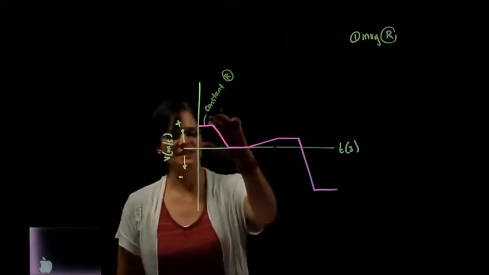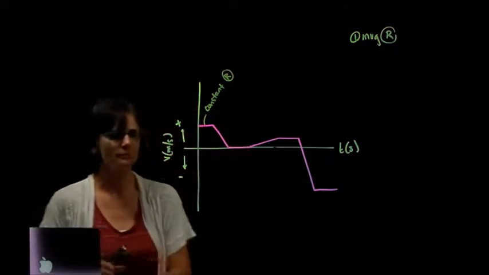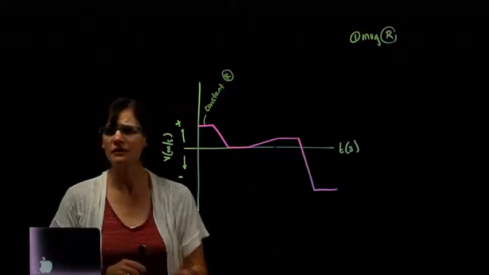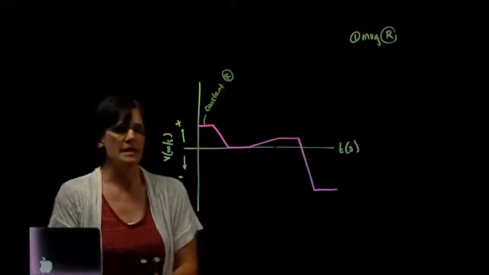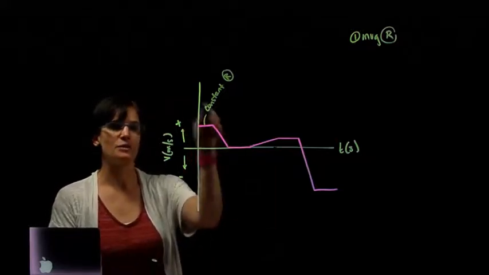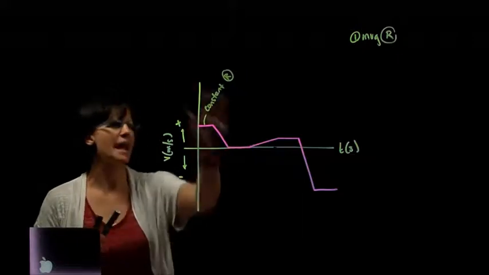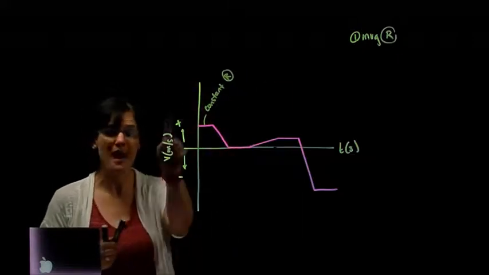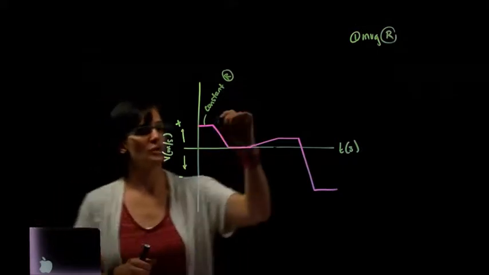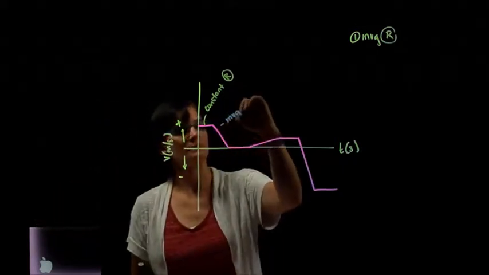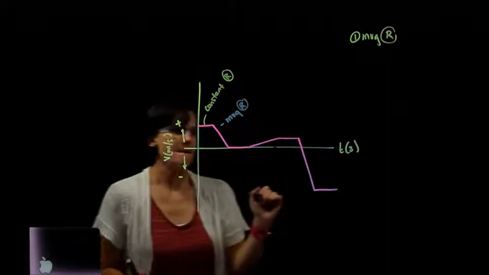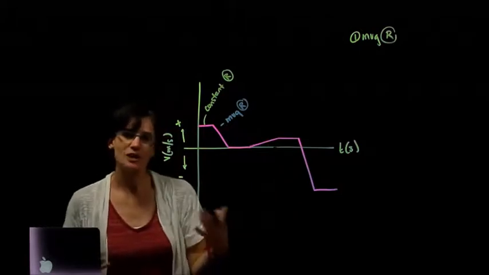Once we hit this area, what's happening? Well, is the object moving to the left or to the right? It's still above the axis, so it's still moving to the right. Anything up here is a rightward, positive velocity. But how is that motion changing?